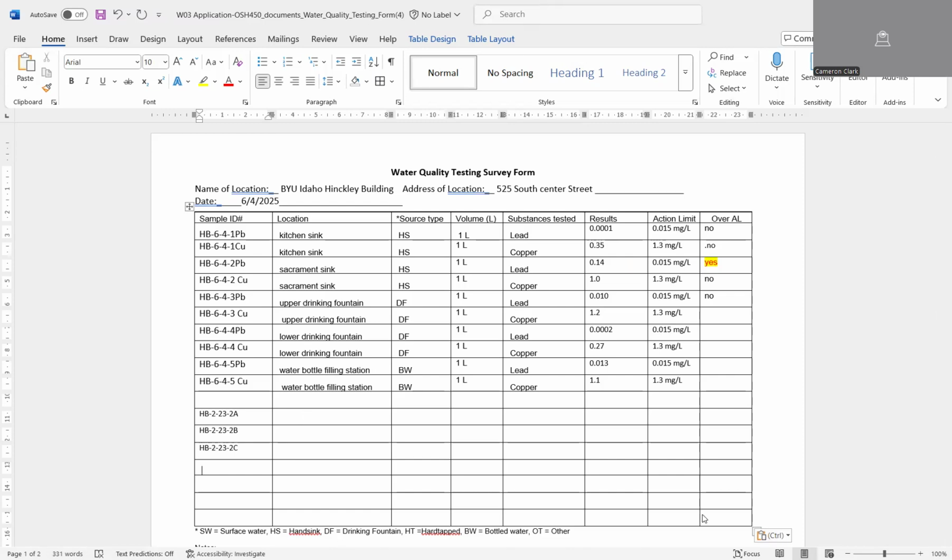So going back to the follow-up, those areas of concern were for lead only. And so we're just testing for lead, and you can go back and put that right here. And then your volume, oops, we'll paste that here.